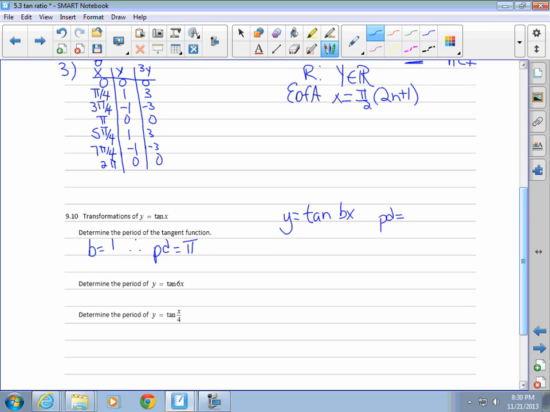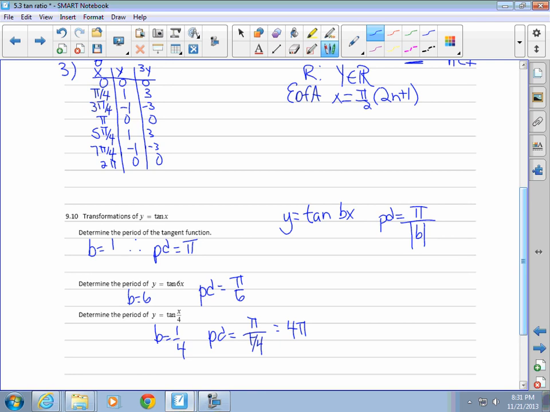To find our period, it's just going to be pi over the absolute value of b. So in this one, y is equal to tangent of 6x, b is equal to 6, so that means your period is going to be pi over 6. For the next one, our b is equal to 1/4, so that means that your period is going to be pi over 1/4, which is the same thing as saying pi times 4, so it's 4 pi.